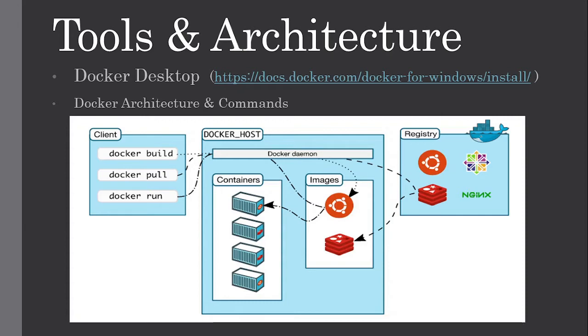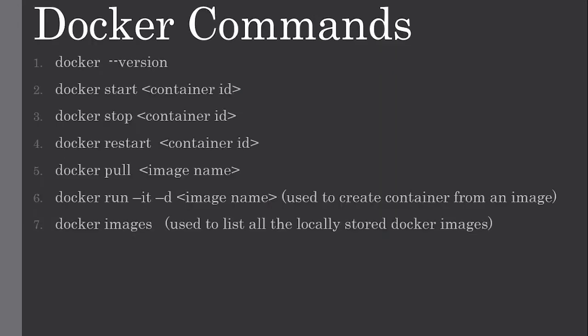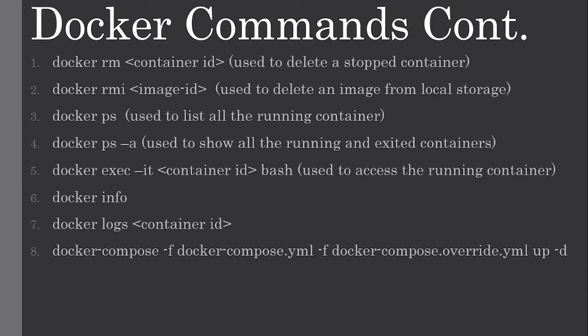Once we look into the commands, here is a short list of commands that I am sharing with you. Docker version, Docker start, stop, and restart are some of the commands that we use on a daily basis. Other than that, Docker images is a command that will list all the images on your local host. Similarly, Docker RM and RMI are used to remove the stopped containers or remove the images from your local storage.